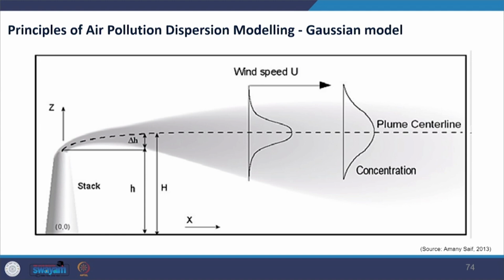Further, the rate of dispersion of the plume is a function of atmospheric turbulence. So, what happens in the atmosphere really influences the rate of dispersion. Atmospheric turbulence is based on simple meteorological parameters like solar radiation, cloud cover, and mean wind speed, and is expressed in the form of 6 or 7 Pasquill stability categories.